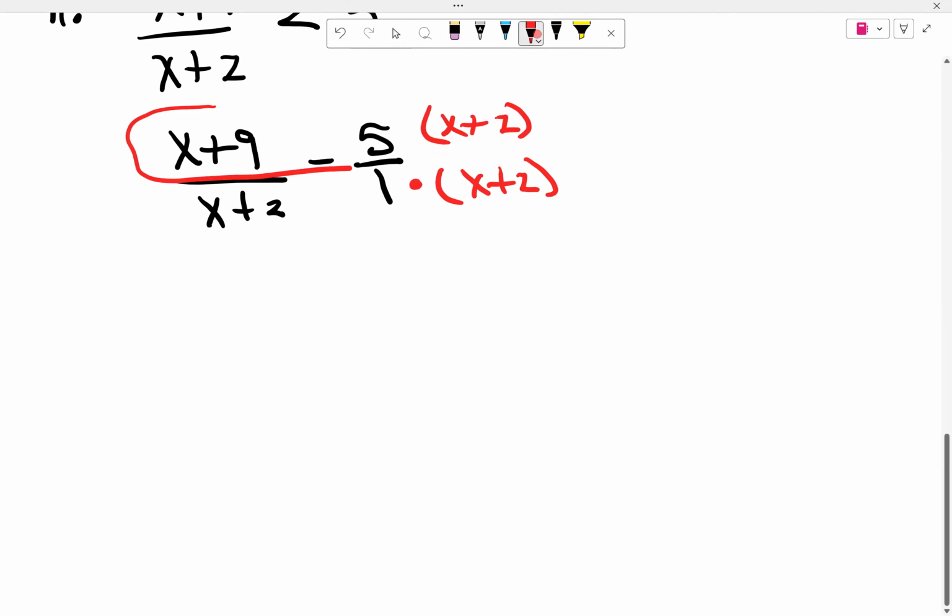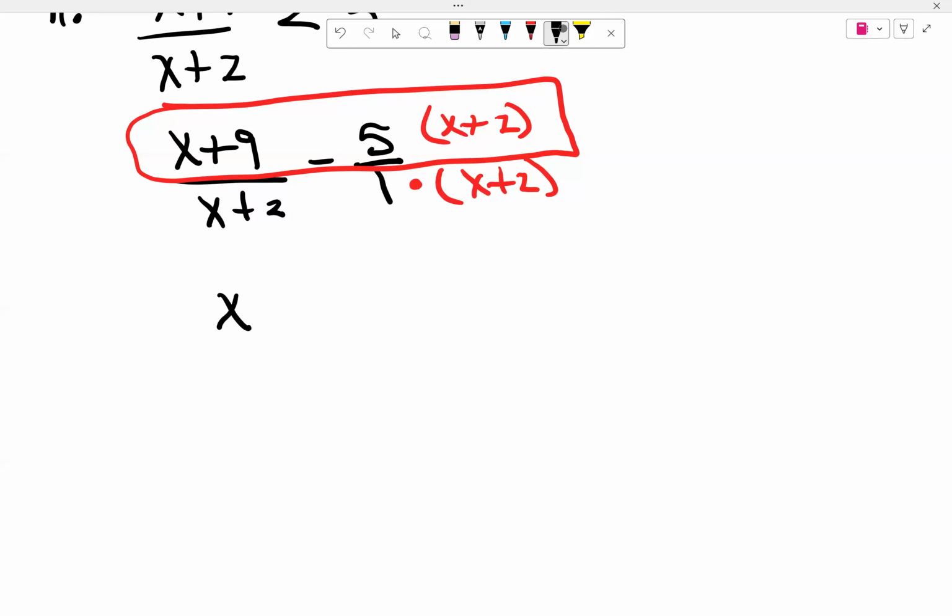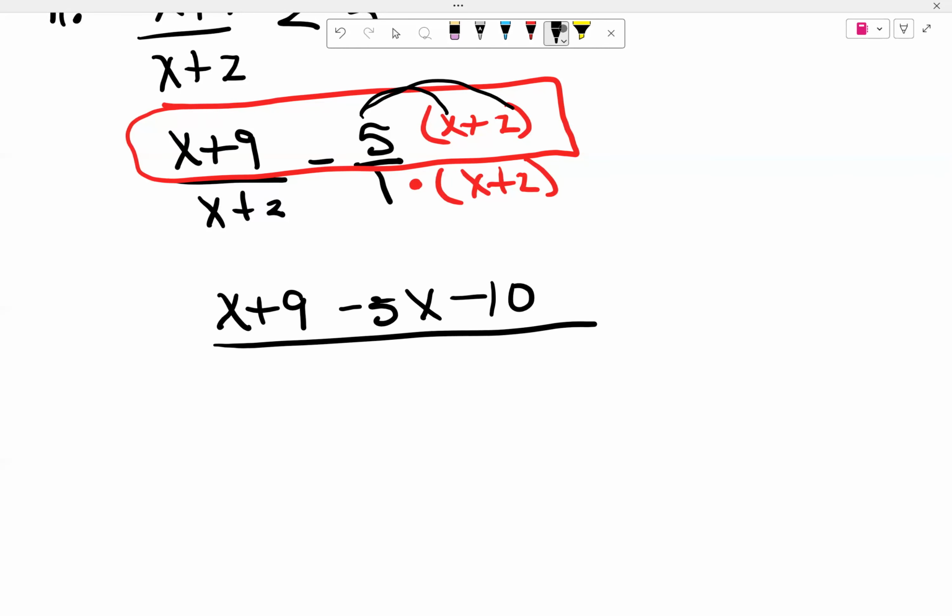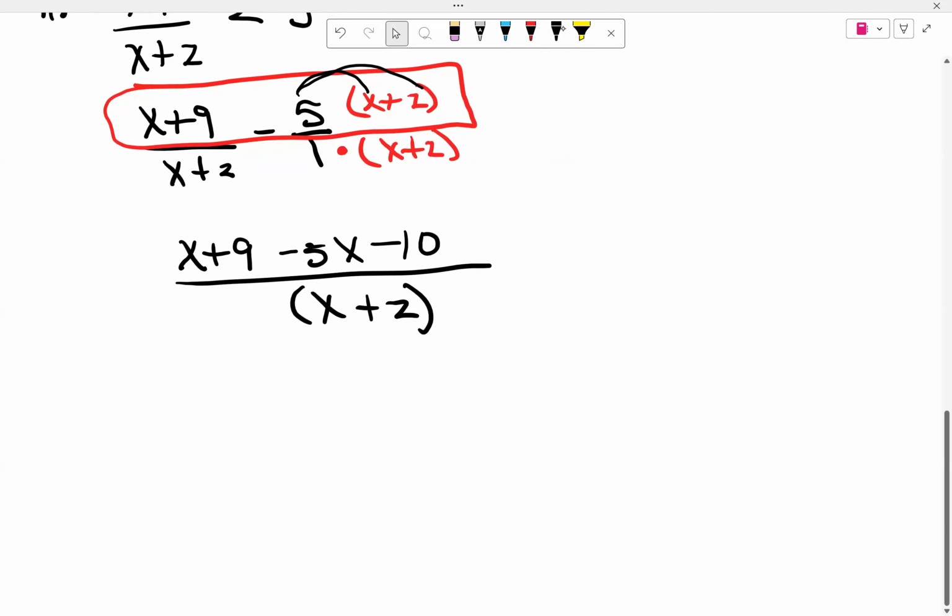Up on top, which is what I'm going to focus on right now, I want you to notice that this is x plus 9 minus 5x minus 10. If you just distribute it right away, you don't have to worry about it. And all of this is over x plus 2, which is now your common denominator. So if I simplify this further, I'm going to collect like terms. I'm going to collect the 9 and the negative 10, the x and the negative 5.